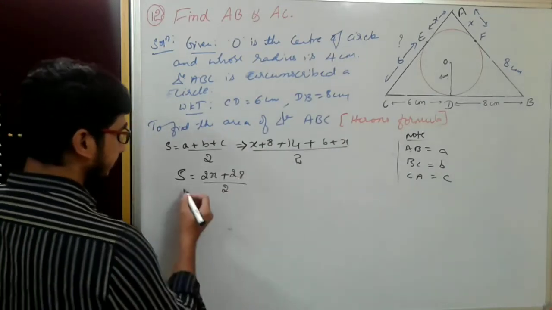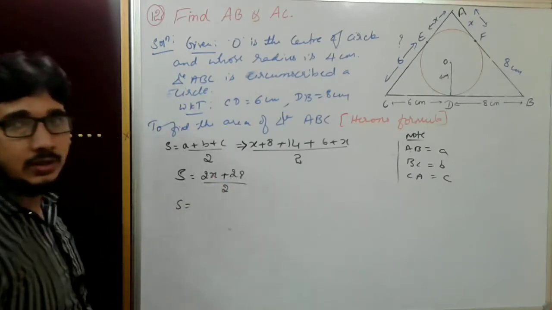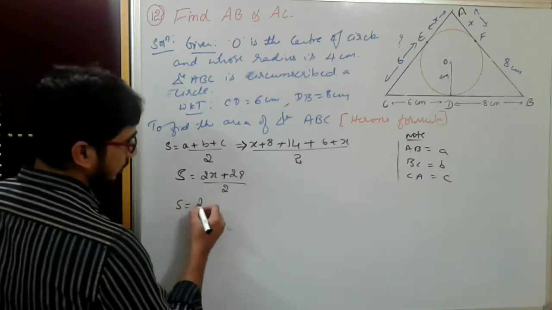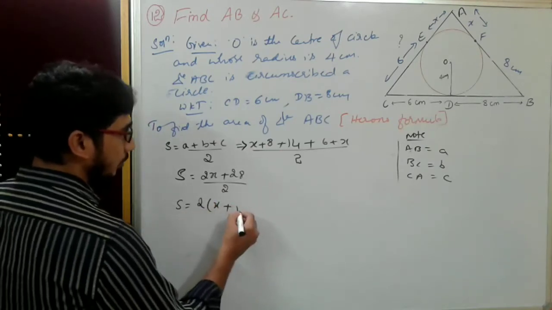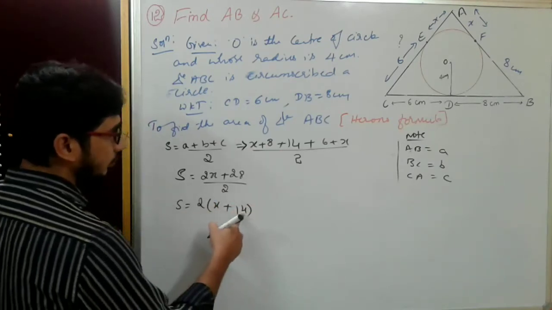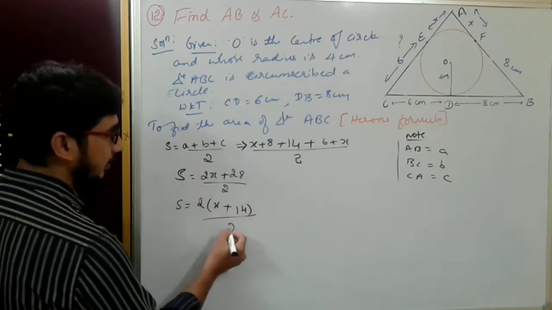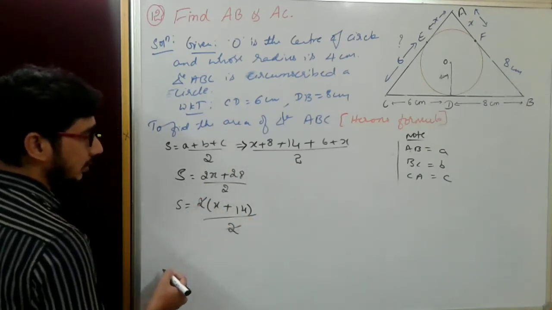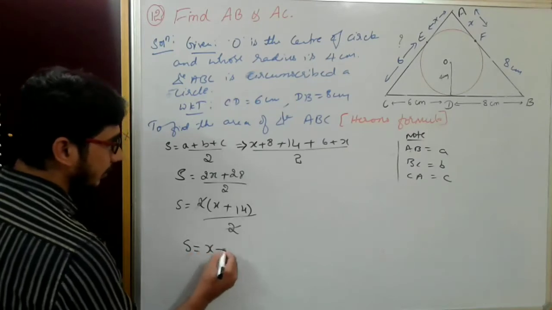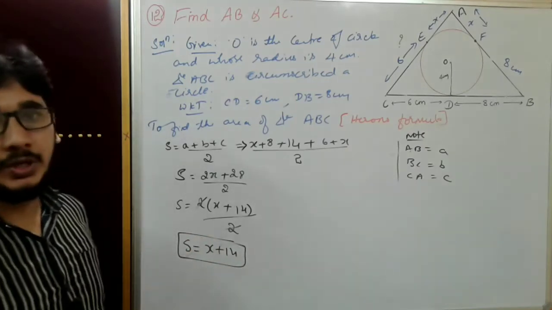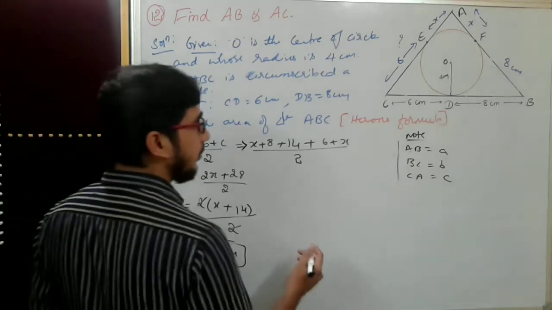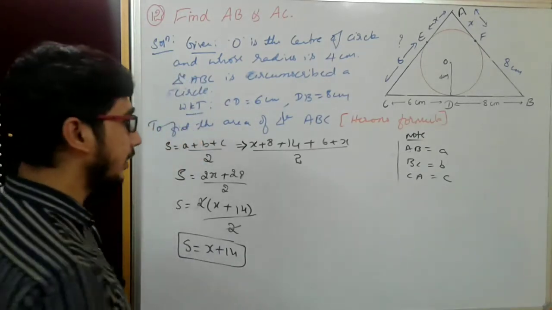Next, I will take 2 common outside: 2X plus 14, 2s are 28, all divided by 2. These two get cancelled. S is equal to X plus 14. This is the value of S. What is S? The semi-perimeter of any triangle, half of its perimeter.